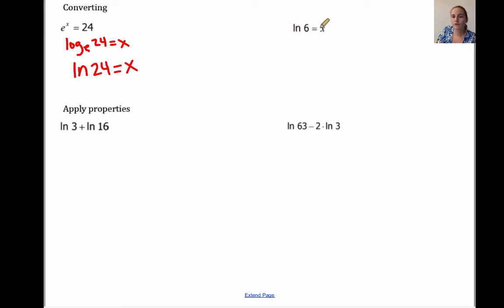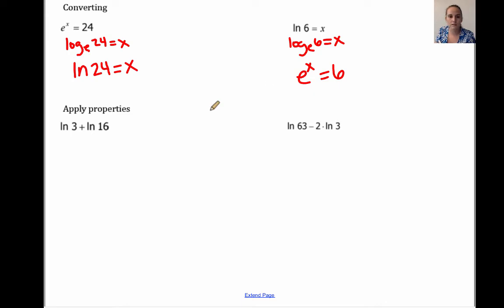Okay, over here I have ln of 6 equals x. Now, if I saw this as a logarithm in general, like we used to see it, you would see log base e of 6 equals x, right? And so you would say e is the base to the x power equals 6.